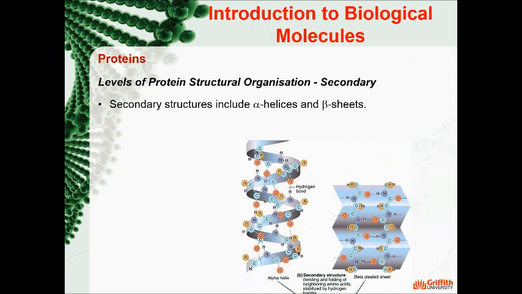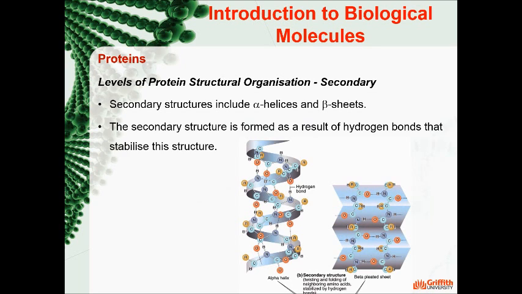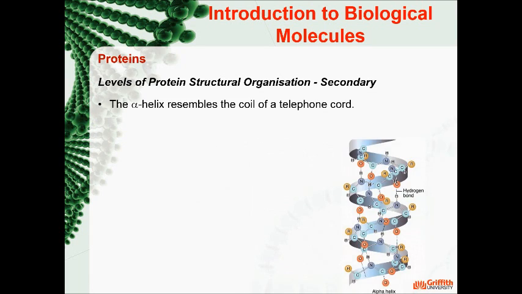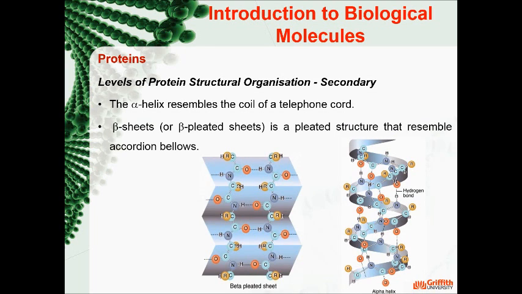The secondary structure has 2 types, alpha helixes and beta sheets. The secondary structure is formed as a result of hydrogen bonds that stabilize this structure. The alpha helix has a structure similar to a phone cord. Beta sheet looks more like a corrugated roof or accordion bellows that goes up and down.